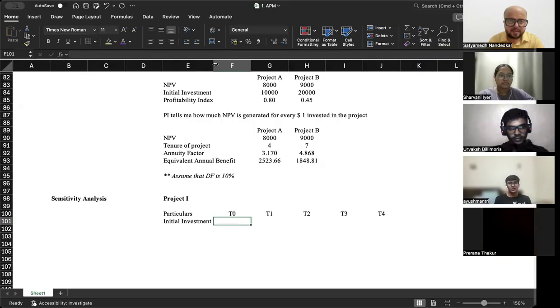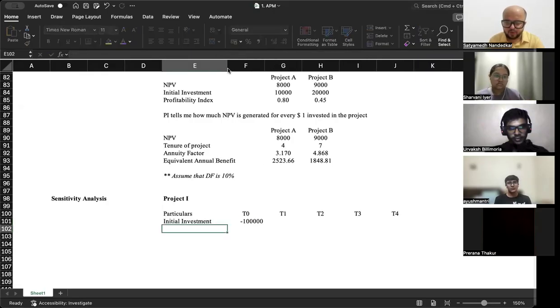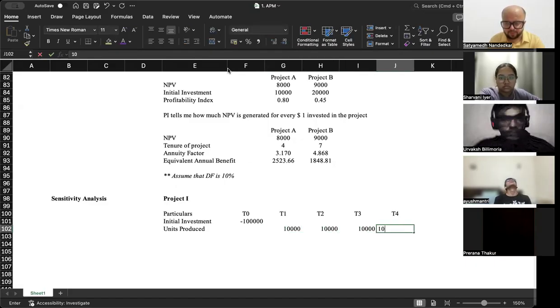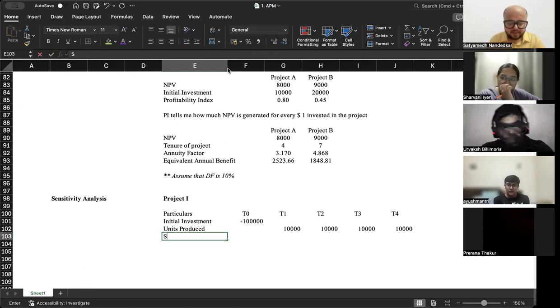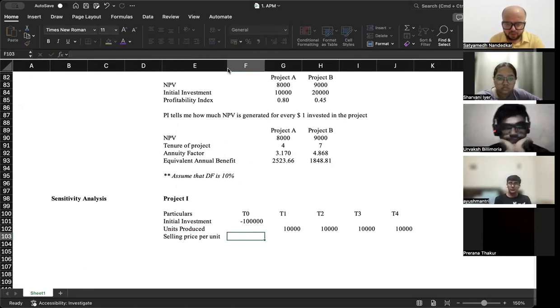How much? Say the initial investment is 1 lakh. Okay. Now, units produced. Let's say I'm producing the same number of units each year. Selling price per unit 30.